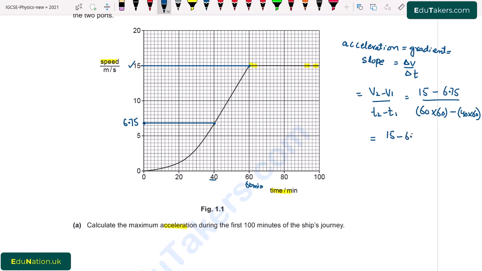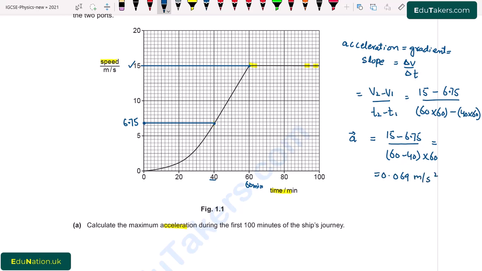15 minus 6.75 divided by 60 minus 40 multiplied by 60, and acceleration comes to be 0.0069. The unit of acceleration is meters per second squared.